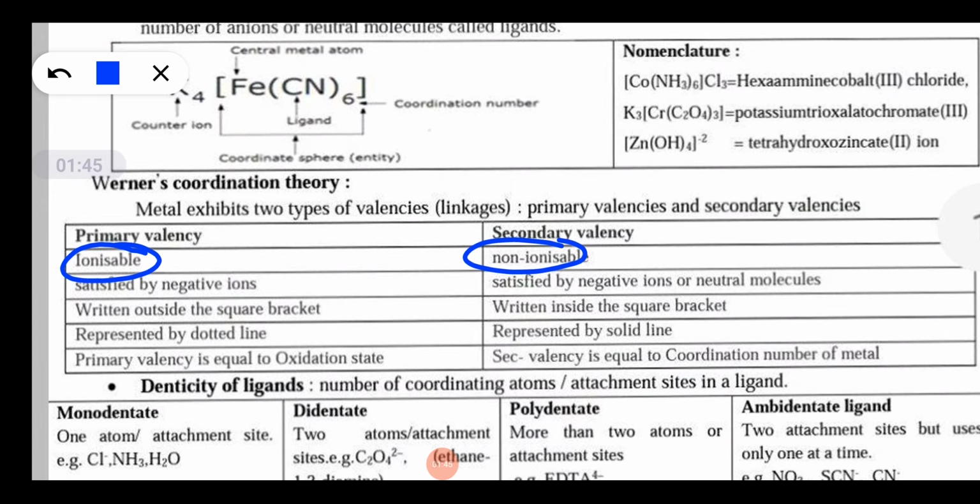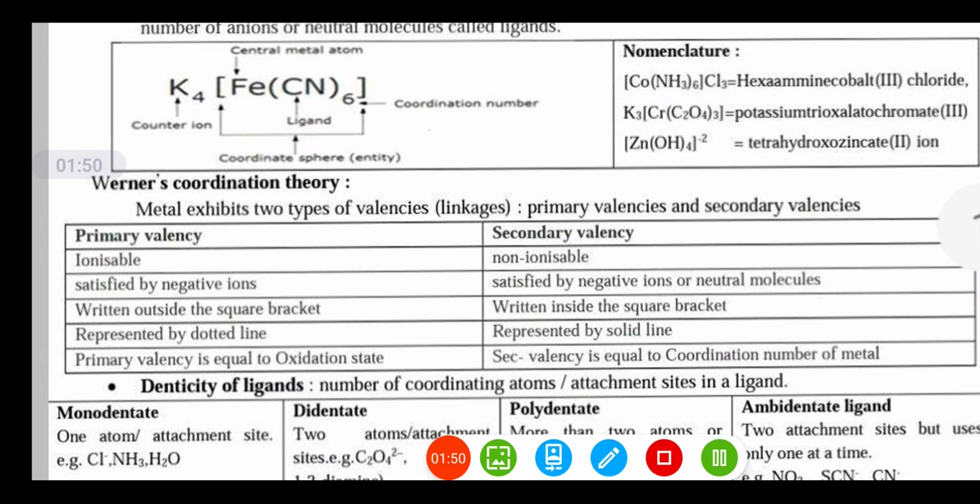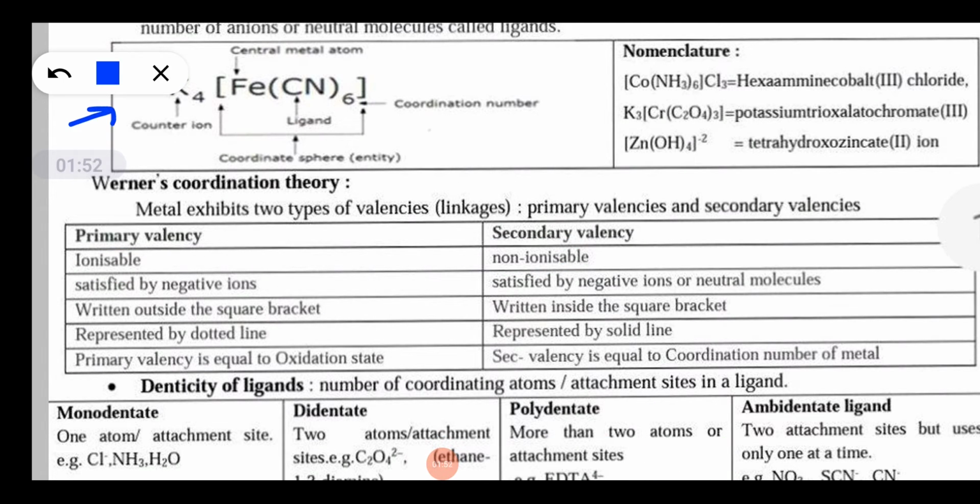Primary valency is the one which is found outside the coordination sphere, like here K4, this is the counter ion. It may be positively charged or it may be an anion also. Here it is written these are satisfied by negative ions.